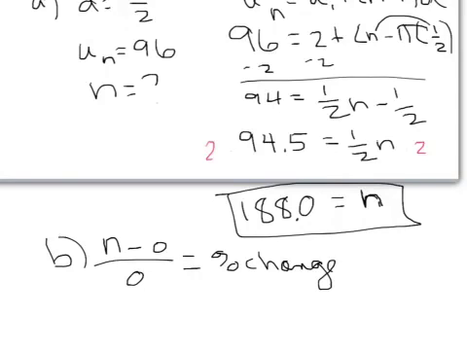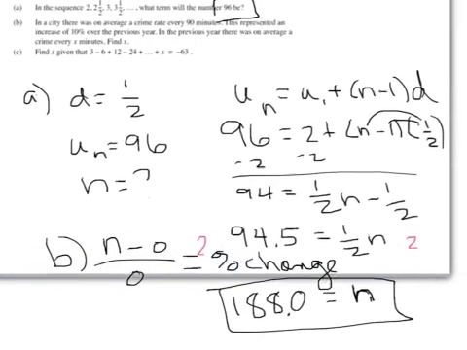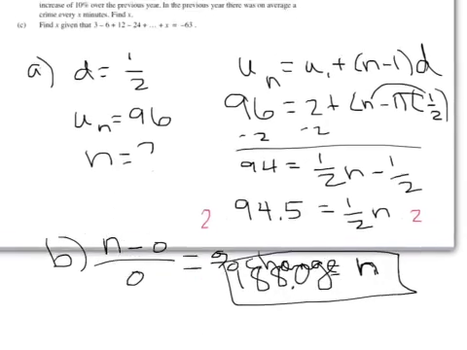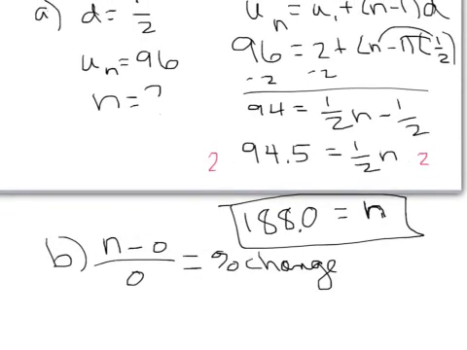So my new amount is that in the city there was on average a crime every 90 minutes, and that's a 10% increase over last year. We don't know last year, so we don't know x.